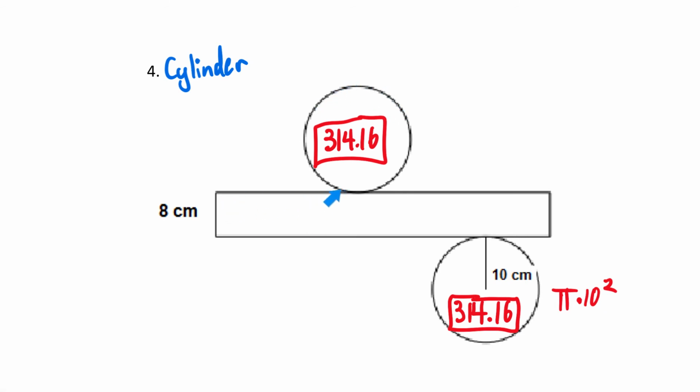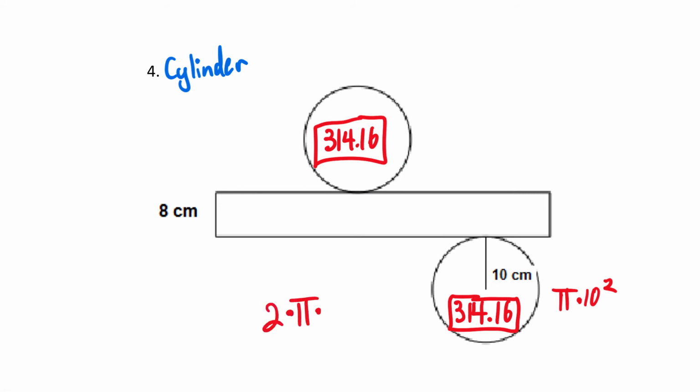This is going to wrap around until they meet up. So the length of this rectangle is the same thing as the circumference of this circle. So to find the length of this rectangle, I need to know the circumference of the circle. How do we find circumference? 2 pi r, good.